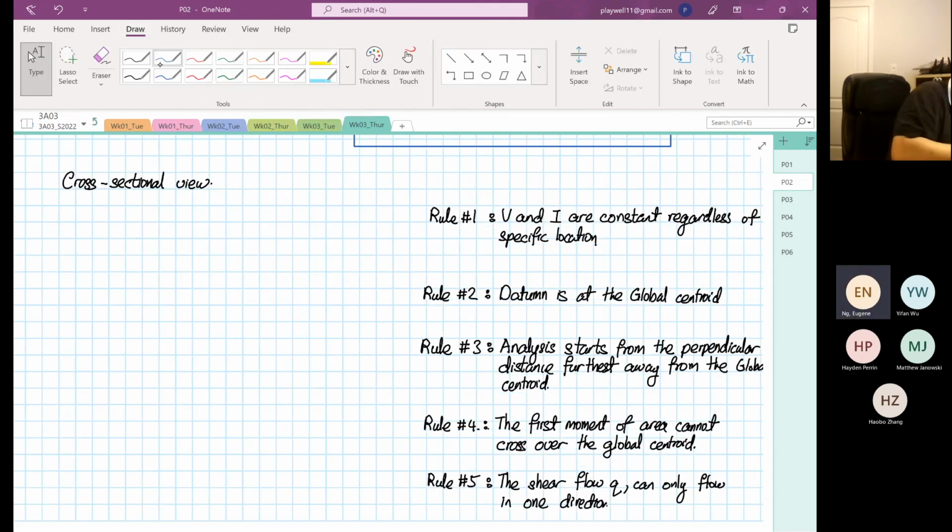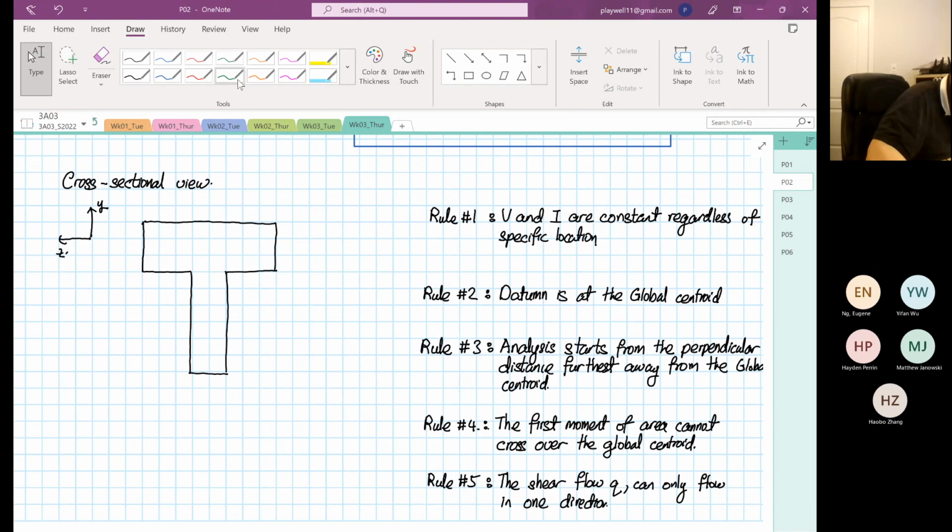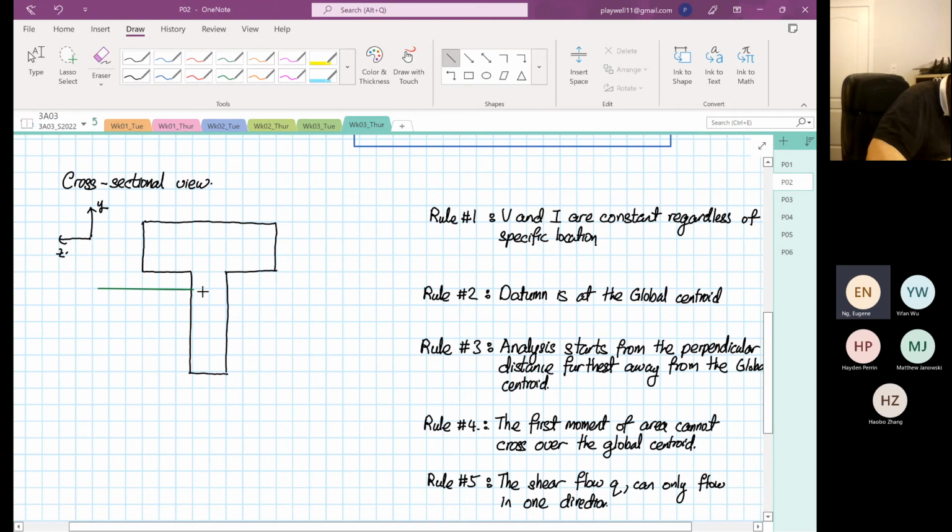So this will be our Y, Z axes, and the cross-sectional area that we're going to look at looks like this. I'm going to declare that this is the position of the global centroid.